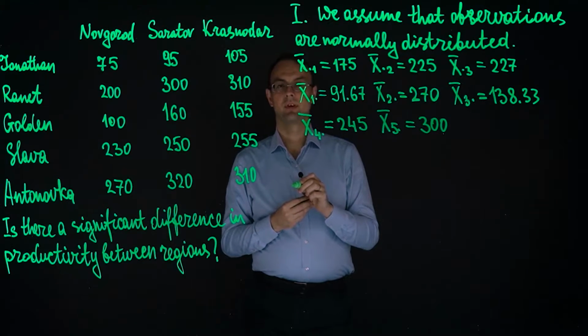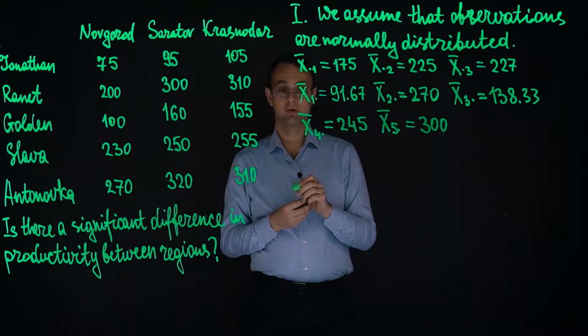So these are marginal means for rows and for columns.